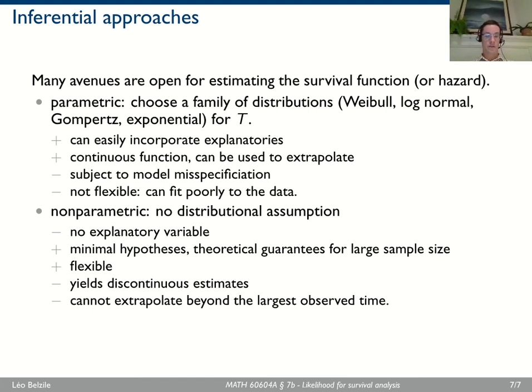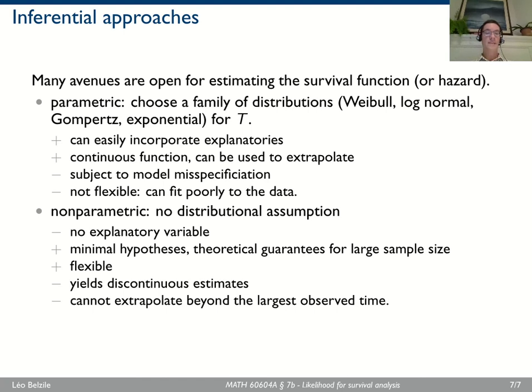So it's very popular among practitioners to go the non-parametric route, and we'll explore examples of non-parametric estimators later. Here you don't specify a distribution, rather you consider this as an optimization problem and find the best fitting model.